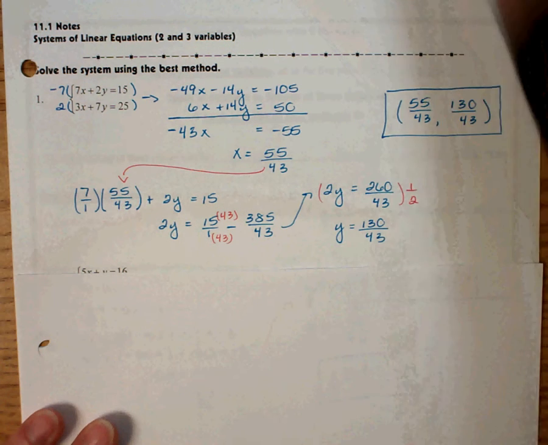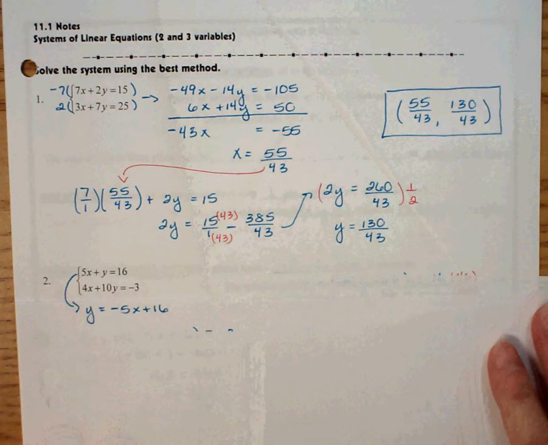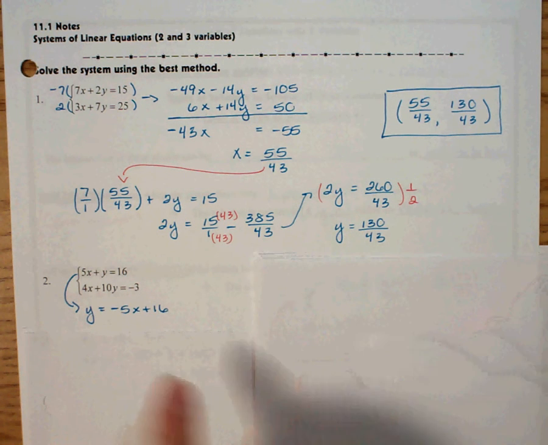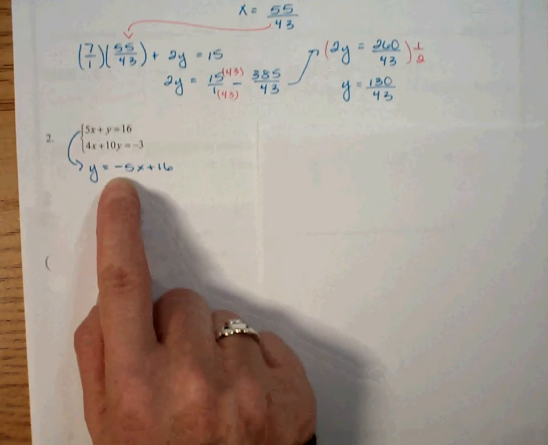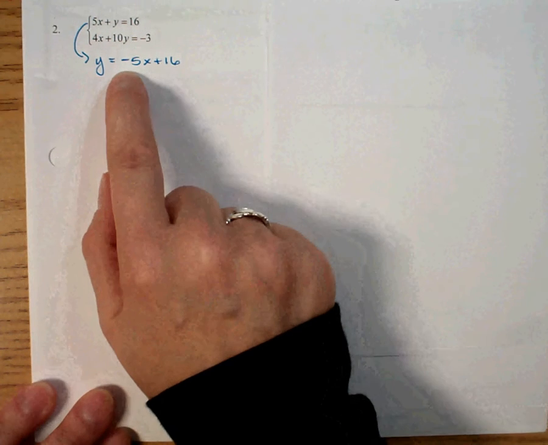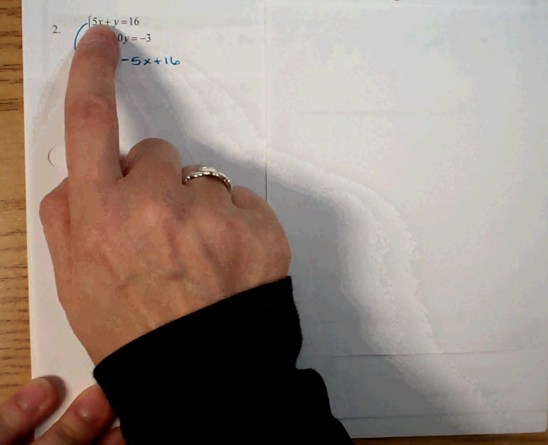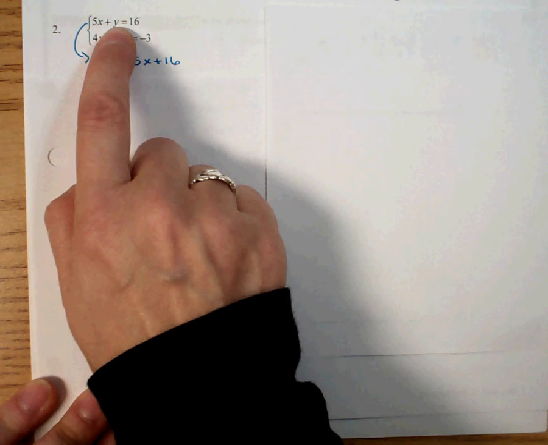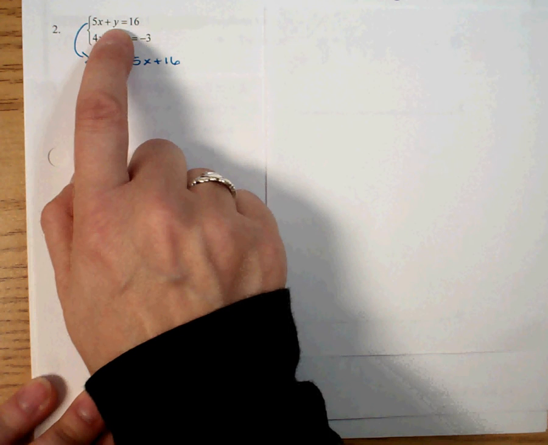Continuing on to my next example. This problem, you can see I've taken one of my equations and solved for a single variable. That means that this problem is more easily going to be solved by substitution. When I look at my coefficients on each of my variables, I can see in the first equation that the y has a coefficient of 1.